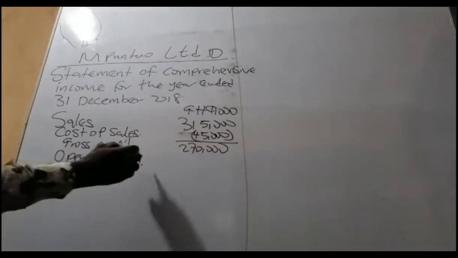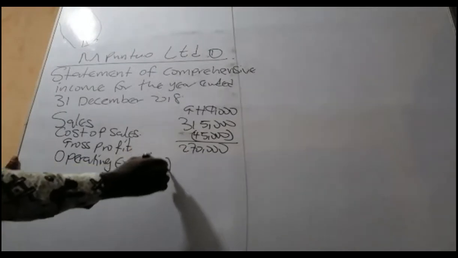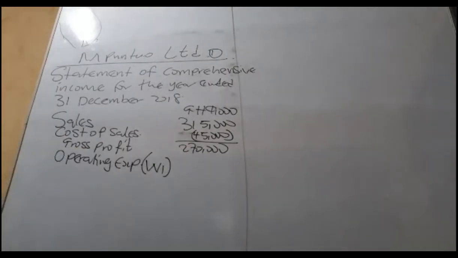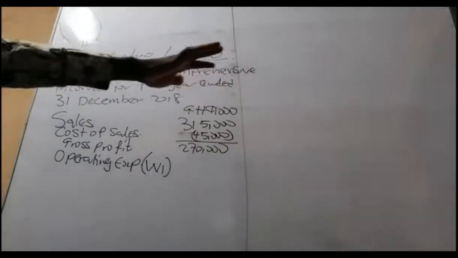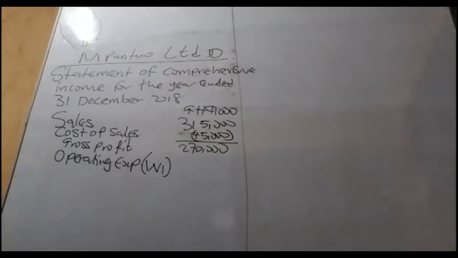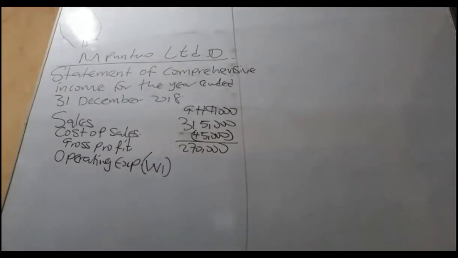So I'll tell the examiner to please go to workings number one and see the figure there. So I'll pause and go and do the workings. If we cannot find or calculate an item, leave it and go to the next one, the one that you can do. Great. So that is it. Now let's go to the workings.